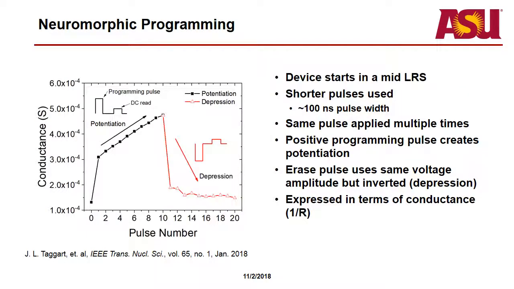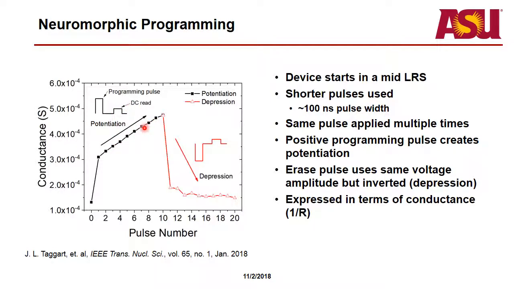And an extension of pulse programming, you have what's called neuromorphic programming. Instead of applying a programming pulse followed by the erase pulse, you apply the same pulse over and over again to essentially modulate the state. For neuromorphic, usually you'll use really short pulses compared to, say, a millisecond or a microsecond for pulse cycling, and you'll instead be using tens of nanoseconds or 100 nanoseconds, and you'll incrementally step up that state.